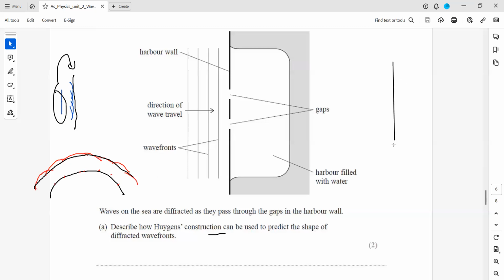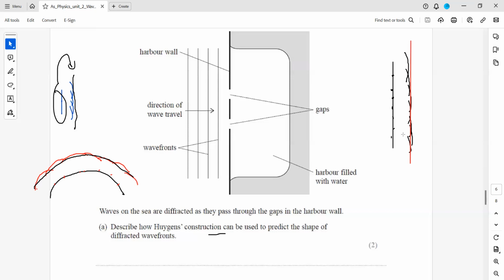You have this wavefront, you mark any points on your primary wavefront and draw the arcs. These arcs will intersect, and when you join the positions where these arcs intersect, that will be the new position of the wavefront.